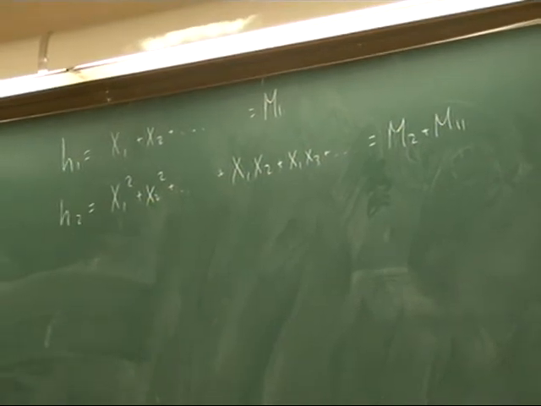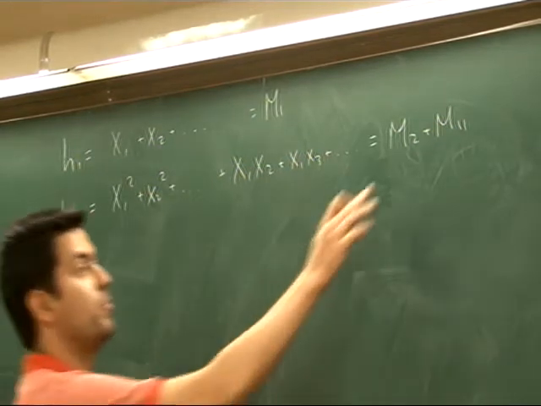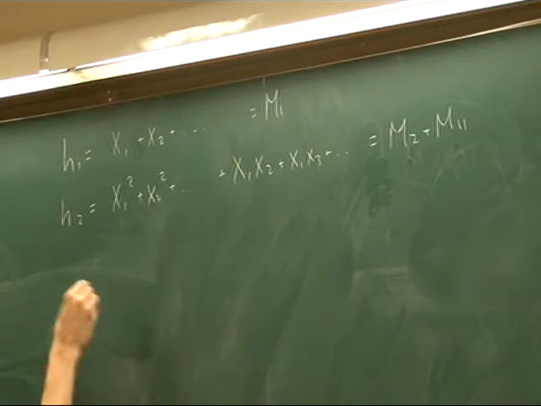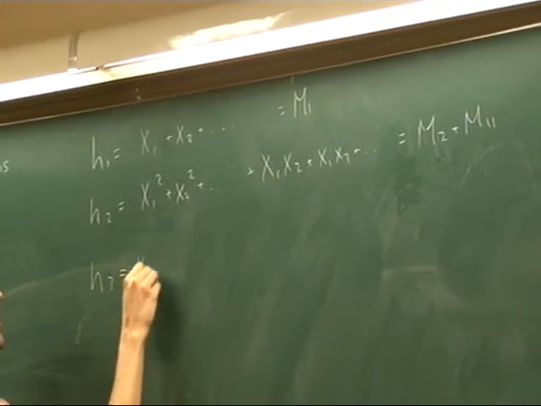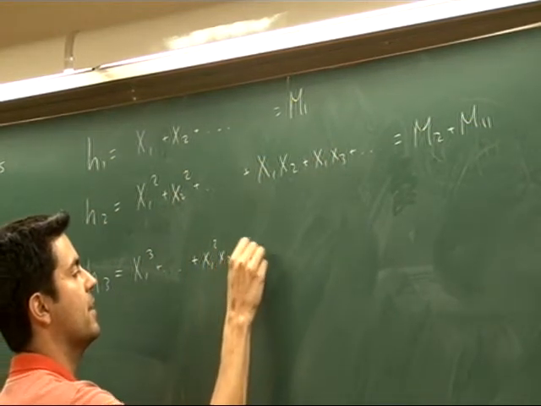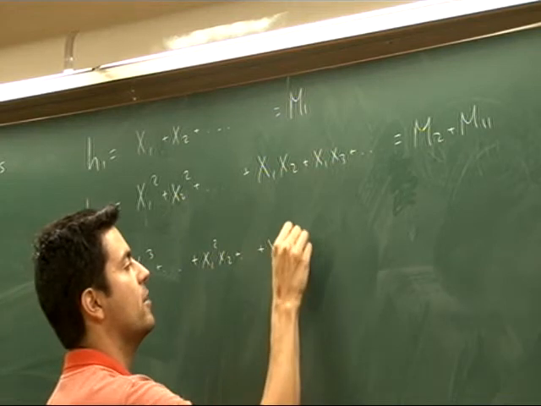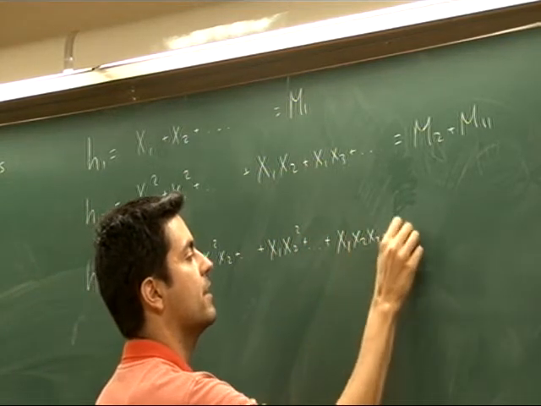So this is because for this partition, every place is a descent. Yeah, because if I start here at any row, everything is a descent. So I'm really adding m2 plus whatever I can refine it. So the next one is h3. All the monomials of degree 3, so x1 cubed plus everything, plus x1 squared x2 plus everything like that, x1 x2 squared, everything of the sort, x1 x2 x3, and everything like that.